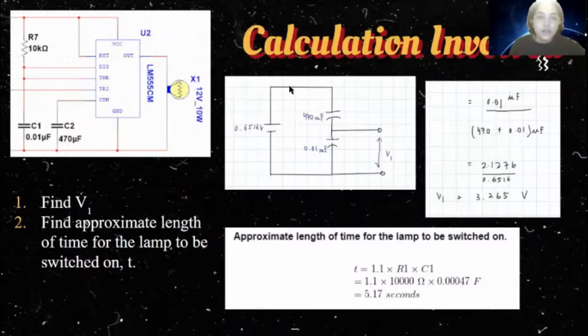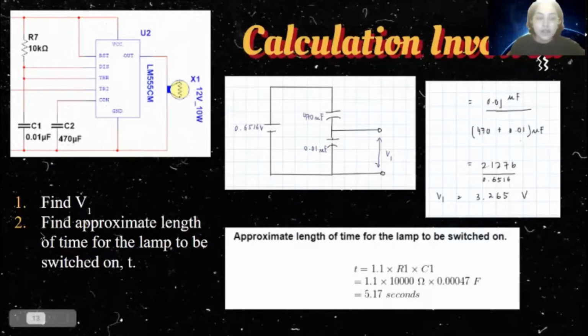Based on this diagram, we take our previous V output and make a capacitance voltage division to find the value of V1. The value of V1 that we want is 3.265 volts, which is less than 4 volts. Thus, we are able to feed the IC timer 555 with the low input that is needed, so that the light bulb will light up.